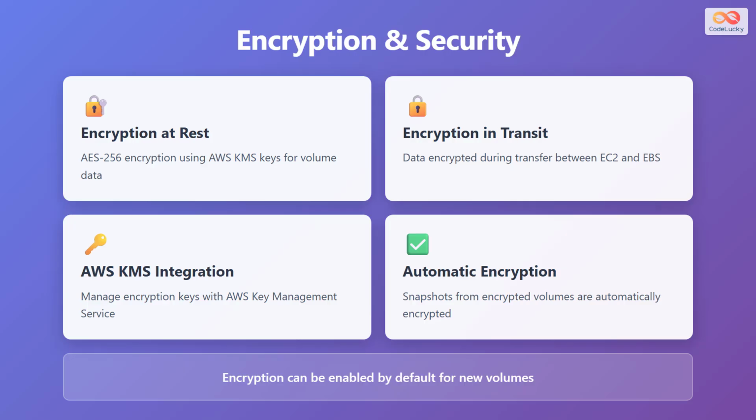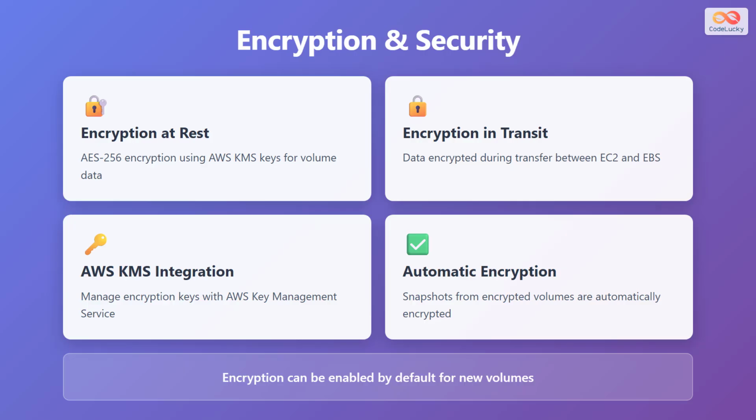Security is built into EBS at multiple levels. EBS provides encryption at rest using AES-256 encryption, with keys managed through AWS Key Management Service, or KMS. Data is also encrypted in transit between your EC2 instance and the EBS volume, protecting it from interception. AWS KMS integration allows you to manage your encryption keys centrally, with full control over key policies and access.